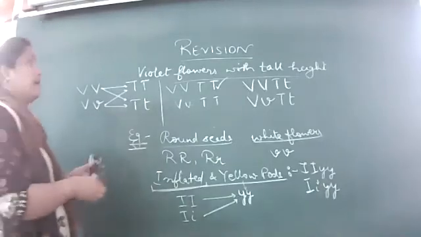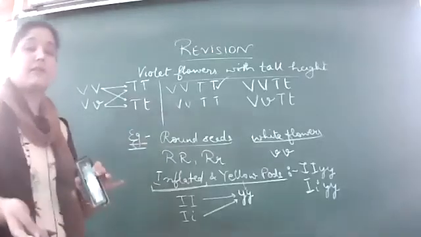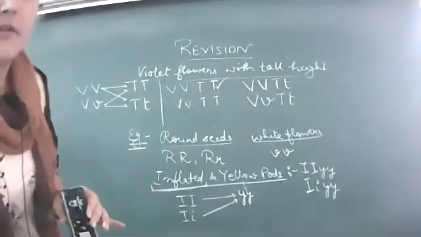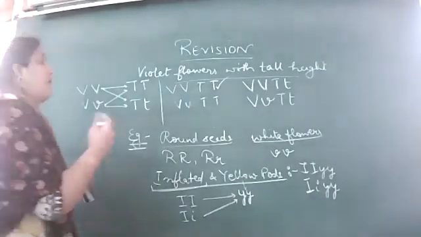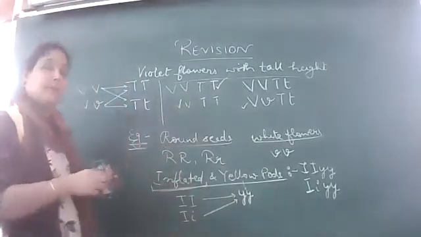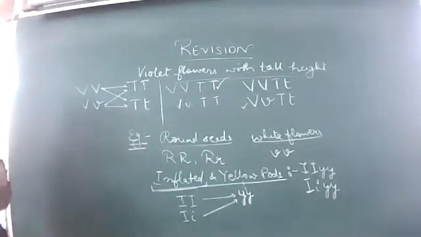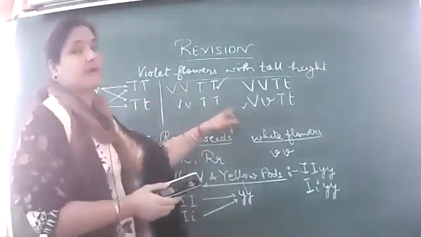If they say it is a pure heterozygous parent with violet flowers and tall height, pure hybrid, then there is only one genotype, that is capital V small v, capital T small t. So depending upon the requirement of the question, you will choose which genotype will be there.